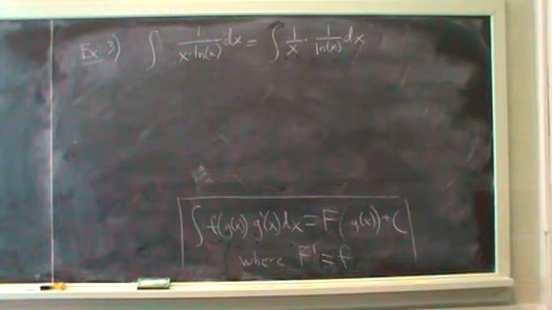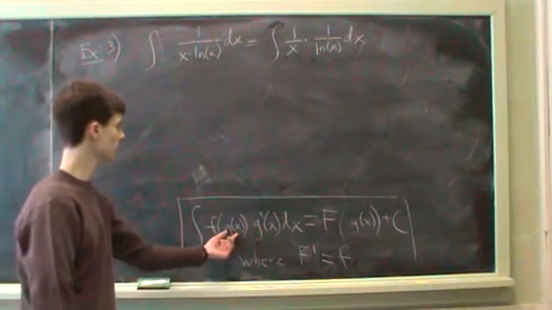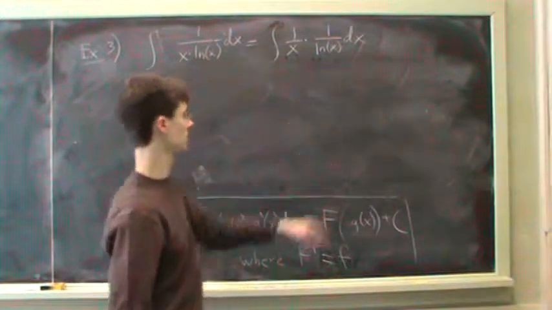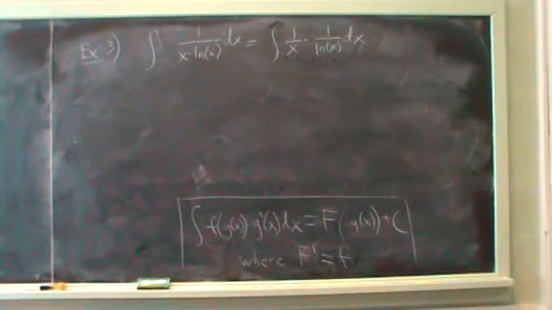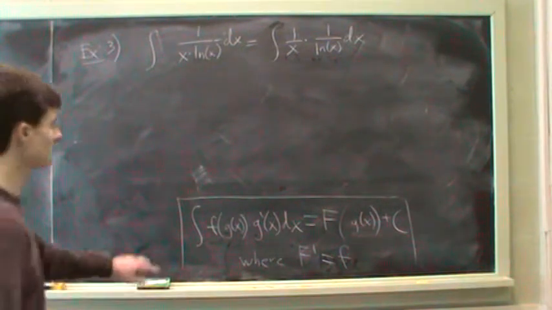And notice that the derivative of the inner function, the derivative of the natural log function, remember, is 1 over x. So in fact we have a composition of functions and the rest of the integrand is accounted for by the derivative of the inner function. So that's exactly what we want.